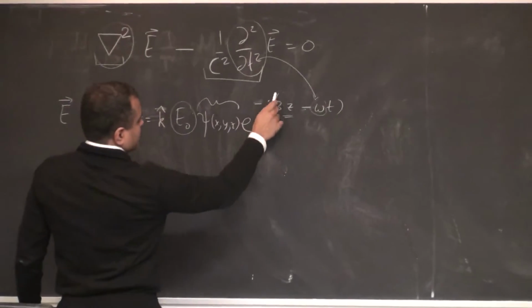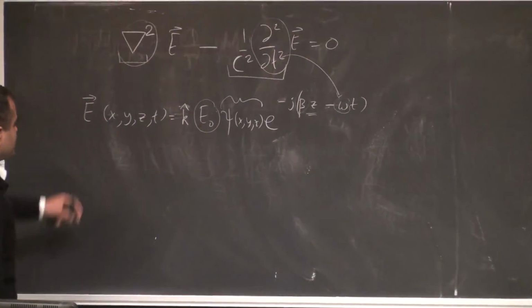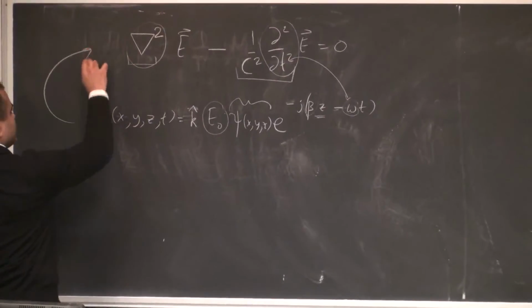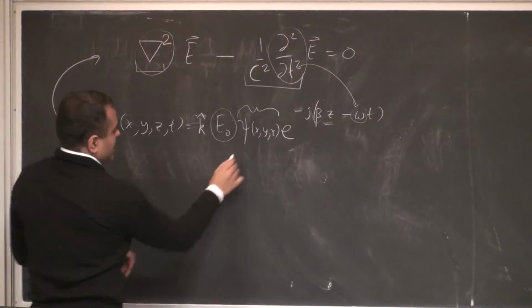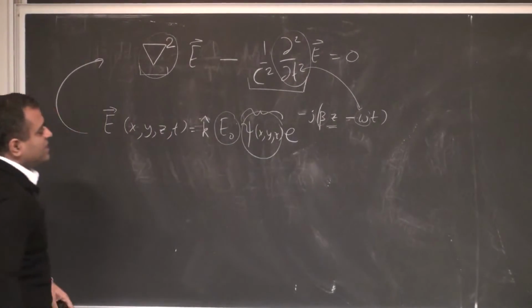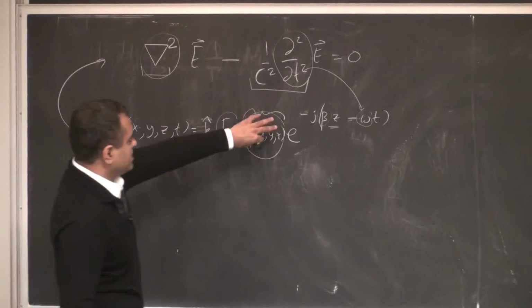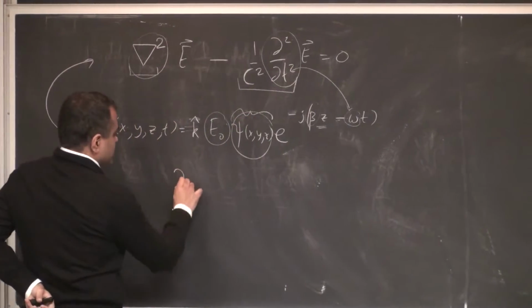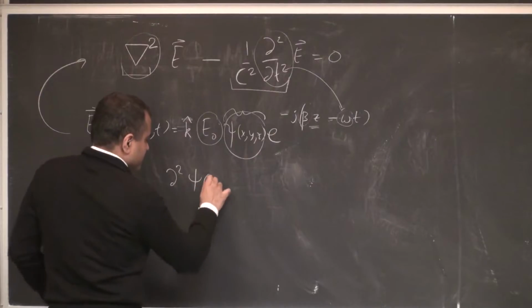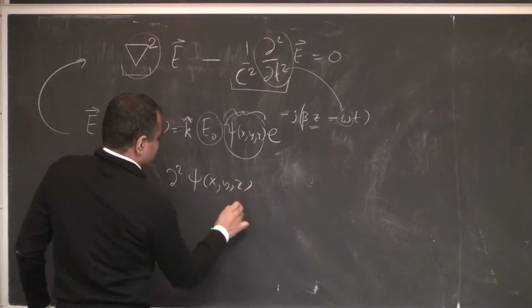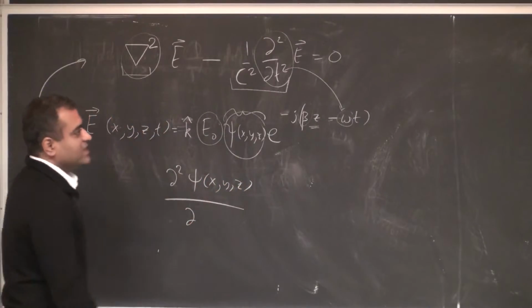The spatial derivative for z gives you two factors of this. Essentially, if I take this and plug it in here, I get an equation in this psi, the shape of the electric field, and after a few cancellations, it looks like this.